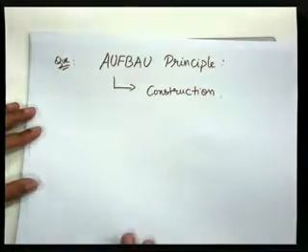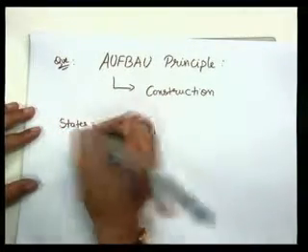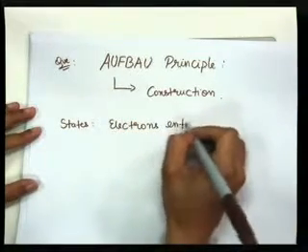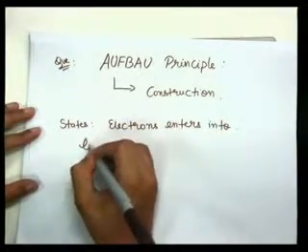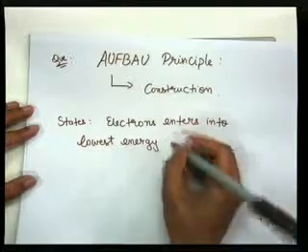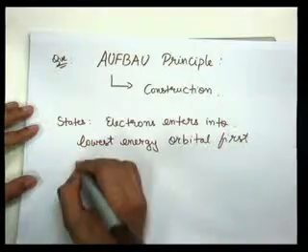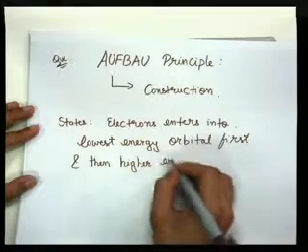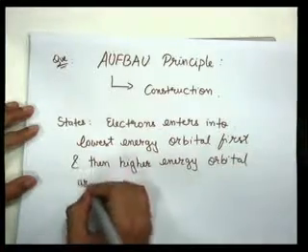This principle states that electrons enter into the lowest energy orbital first, and then higher energy orbitals are gradually filled.